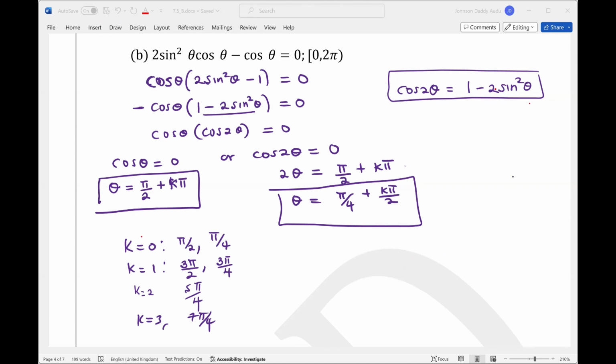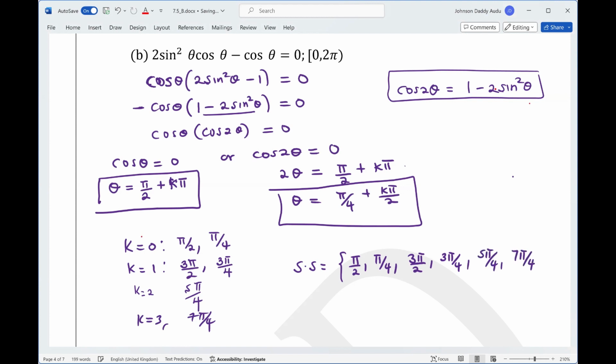If you take k equals 4 in both ways, our answers will be out. So the solution sets are simply pi over 2, pi over 4, 3 pi over 2, 3 pi over 4, 5 pi over 4, and 7 pi over 4.